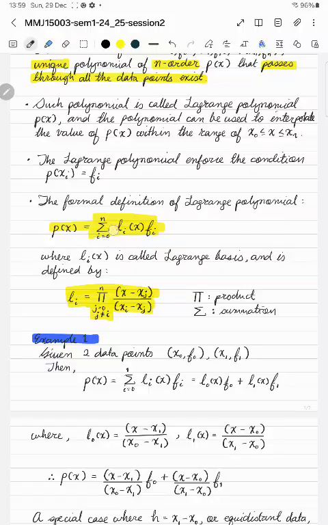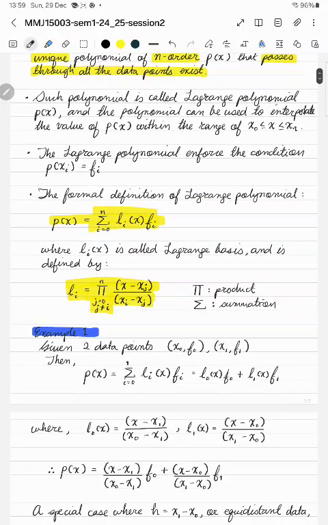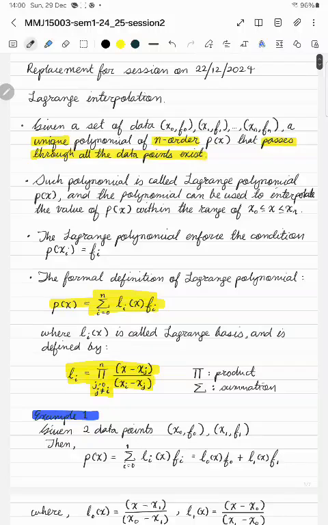But if you start your definition from 1, then the order will be n minus 1. So that's why we are using the commonly used index notation from i equals 0. So let's say you have n points of data, which is actually just a set of x0, f0.